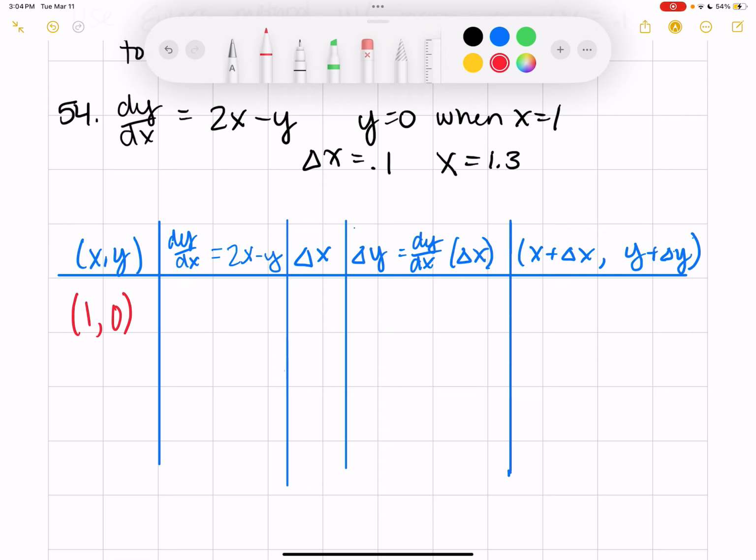Now, dy/dx is 2 times x minus y. That would be 2. How many of these are we doing? How many lines do I need for this? 3. Okay.